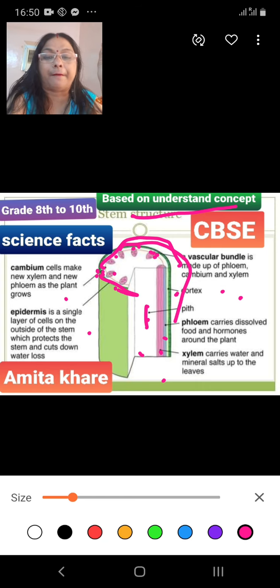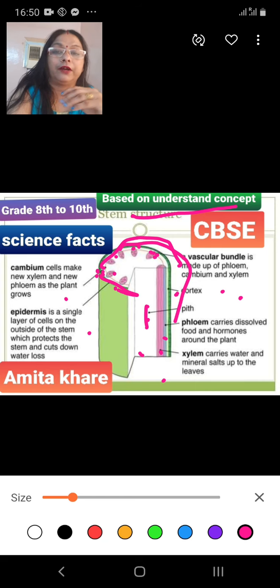First, the outer covering: the epidermis is a single layer of cells on the outside of the stem which protects the stem and cuts down water loss.